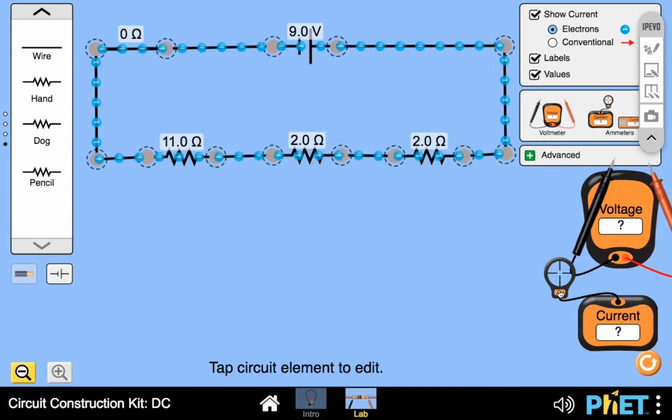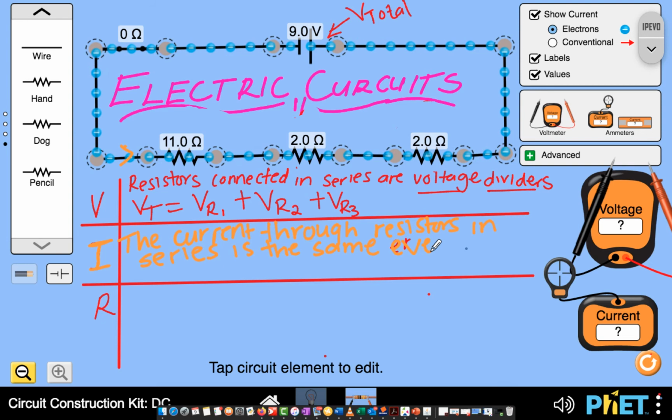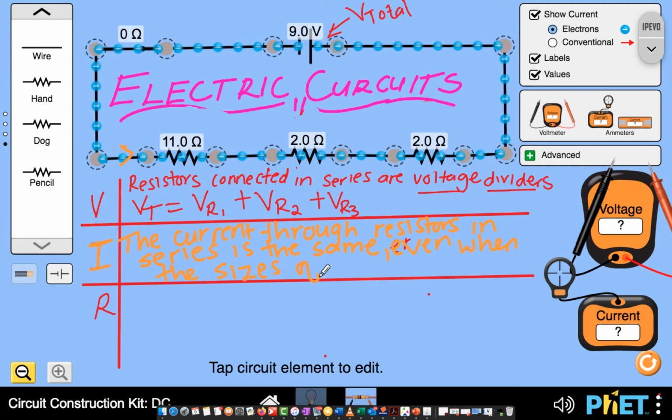The current that passes through the 10 ohm resistor is going to be the same as the current that passes through the 2 ohm resistor. So I can add here, even when the sizes of the resistors are different. Right, great. Now let's move on to resistance.